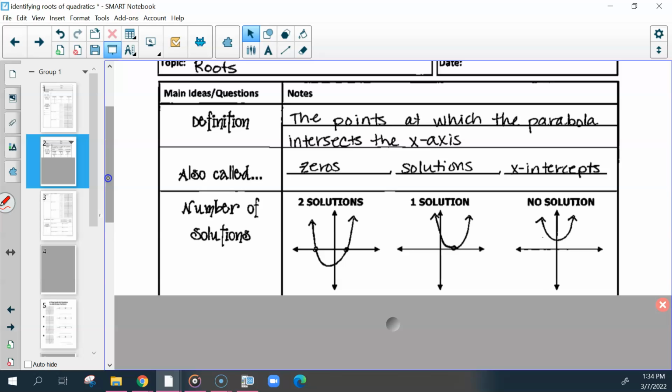Does anyone have any questions on what we're doing for the next 10 to 15 minutes? So everyone should be graphing these, finding the solution. Yes.